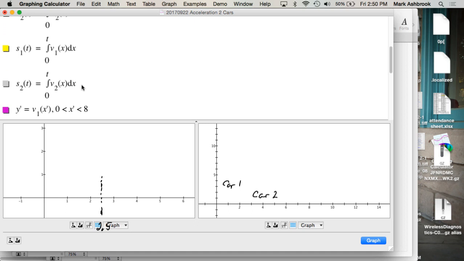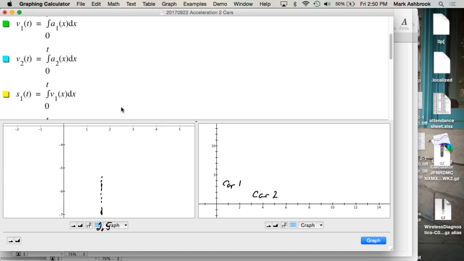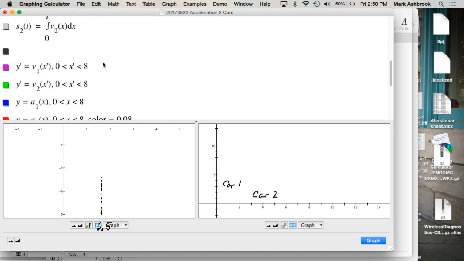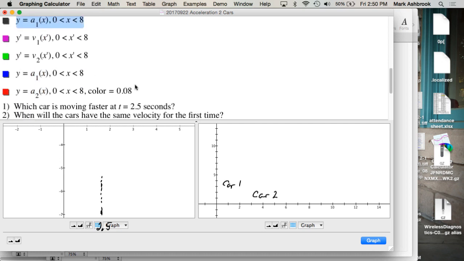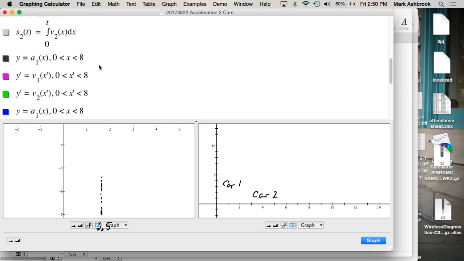Let's go back and graph this on this axis over here. So I'm going to graph the S1 function and the S2 function.